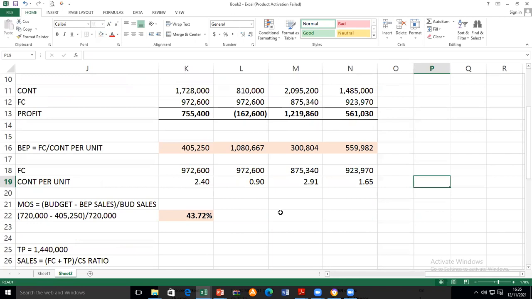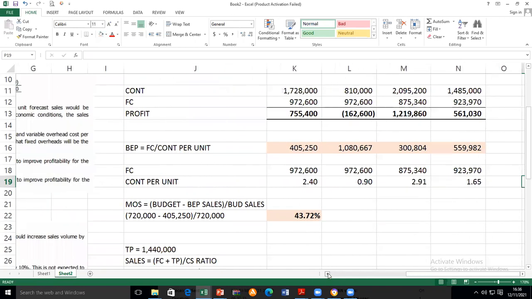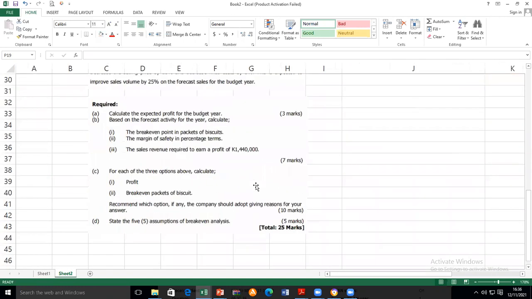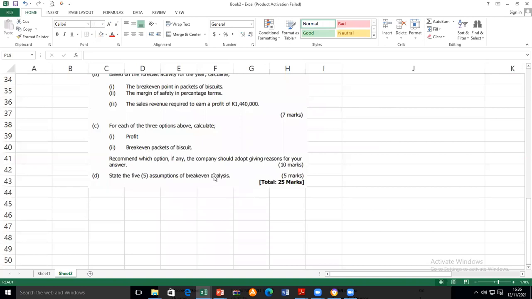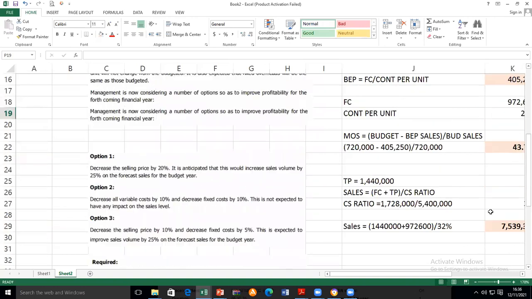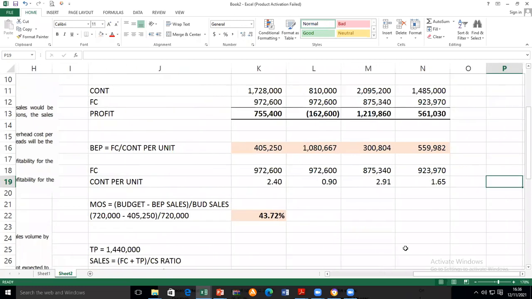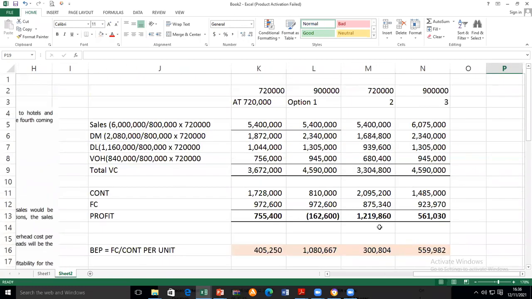So what is the recommendation? What are we recommending? Which option is best? Which one gives us the highest profit? The current status, the option 2, sorry.